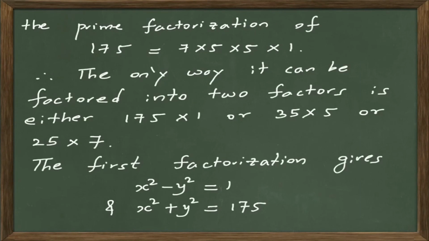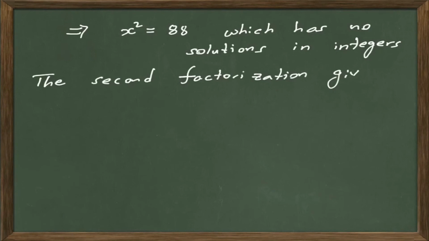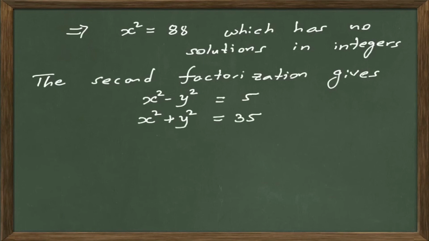The second factorization gives that x squared minus y squared is equal to 5 and x squared plus y squared is equal to 35.